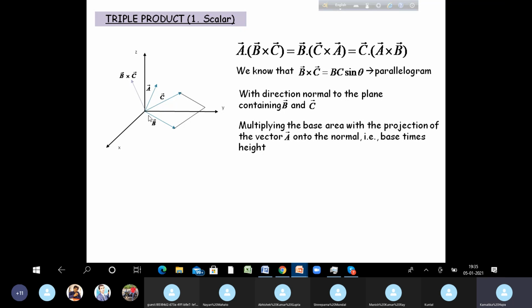So A dot B cross C means projection of A onto this B cross C.